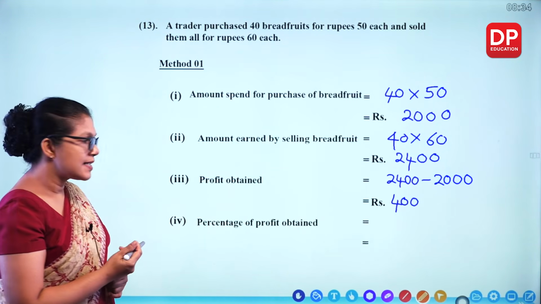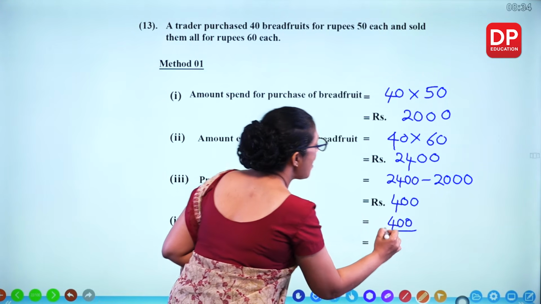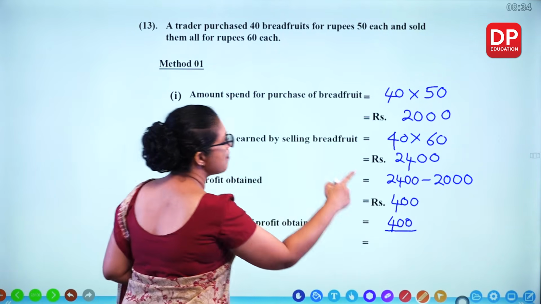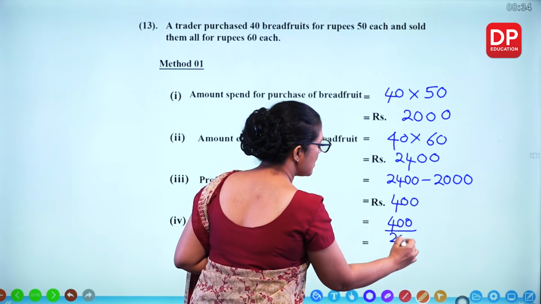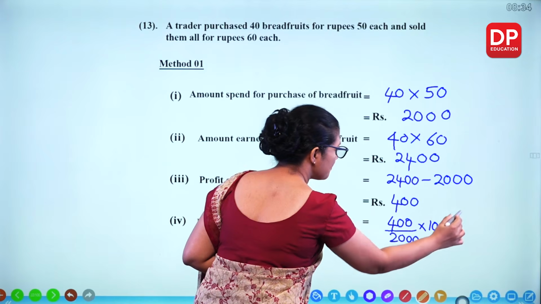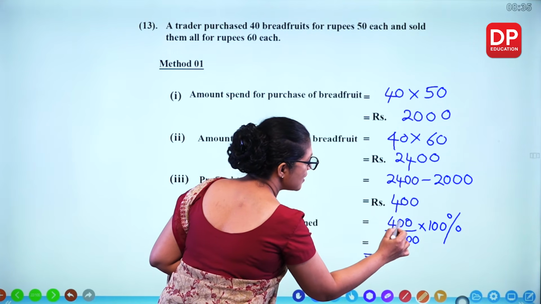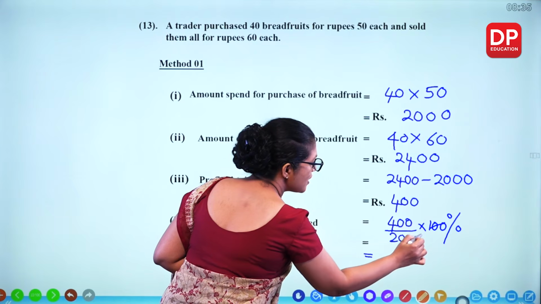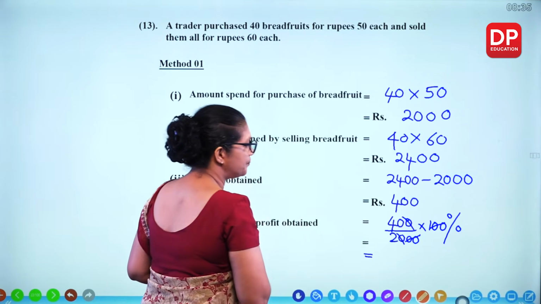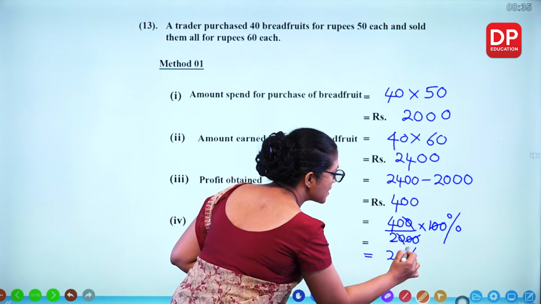And what is the percentage profit? 400 divided by the buying price. Buying price is 2000 into 100. And simplify, you get 2 zeros and 1 zero. 40 divided by 2, 20%.